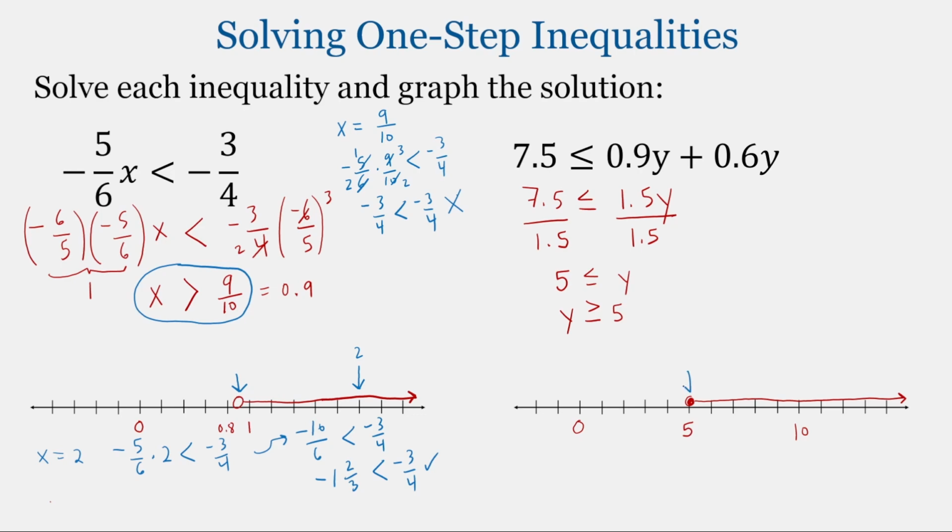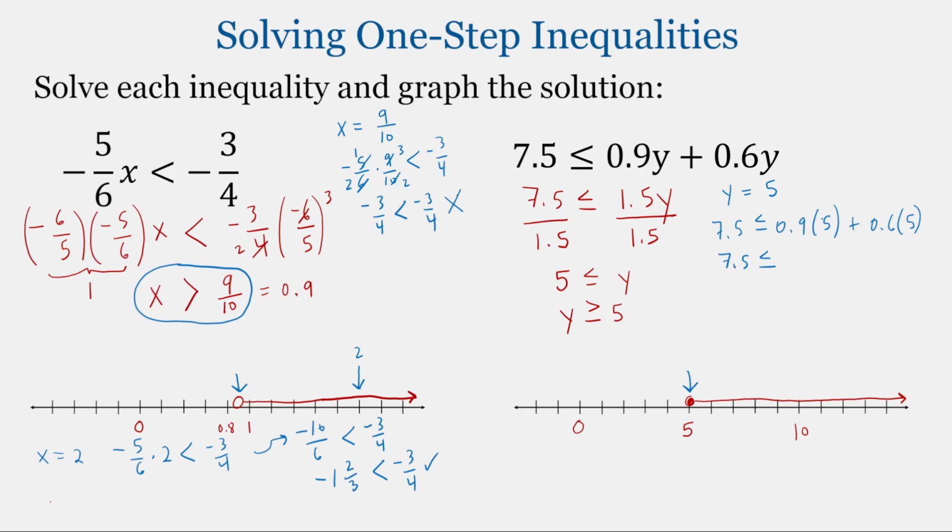Let's verify 5 first. So we have y equal to 5. 7.5 less than or equal to 0.9 times 5 plus 0.6 times 5. So now we have 7.5 less than or equal to.